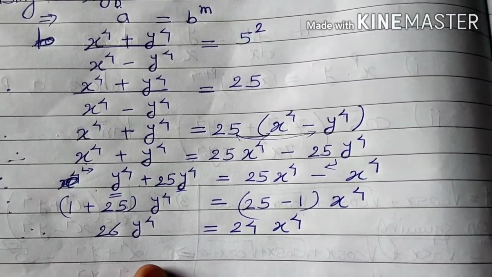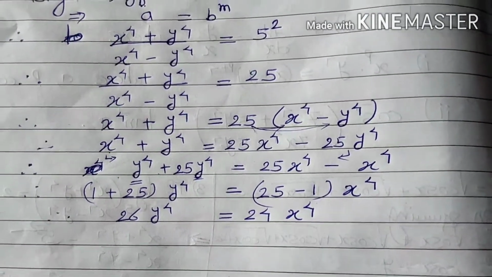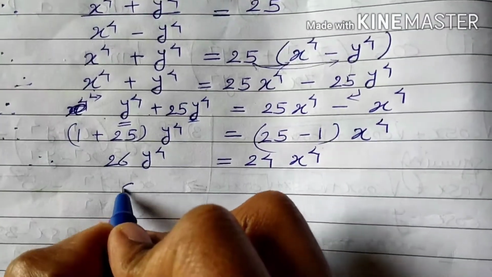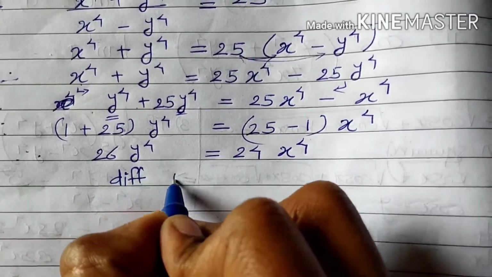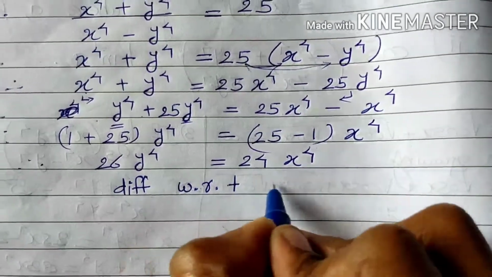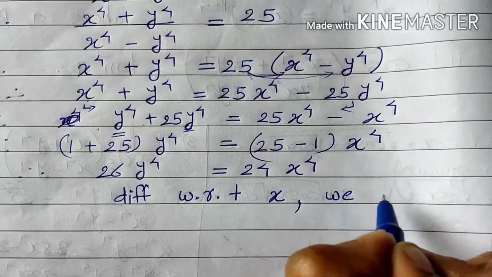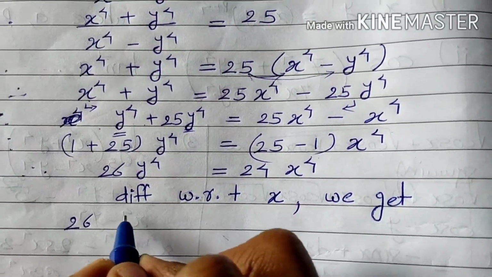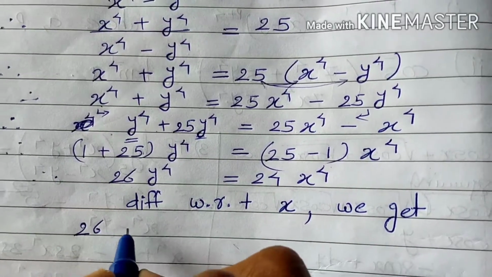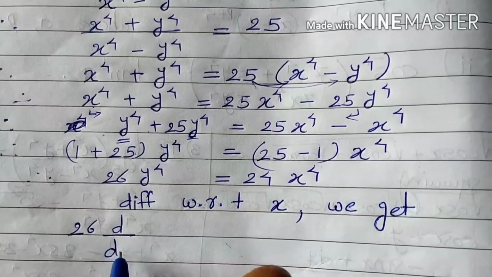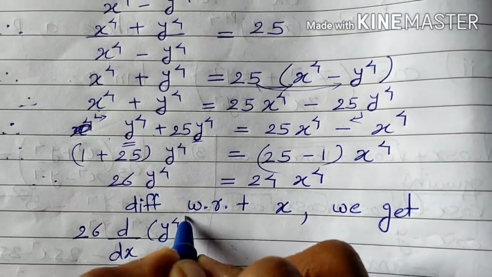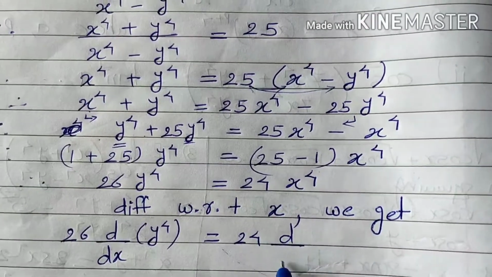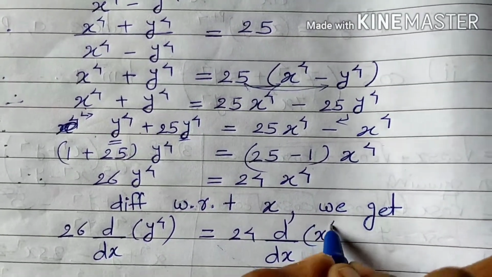Now it is very easy to differentiate. So differentiate with respect to x. We get 26, a constant, write it as it is, and derivative of y raised to 4. So you can write d by dx of y raised to 4. Here also 24 is a constant, take it outside of the derivative of x raised to 4.